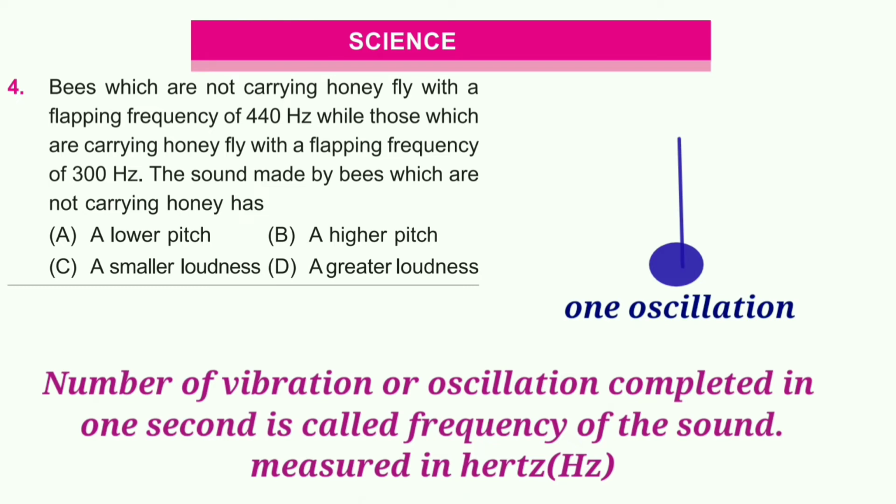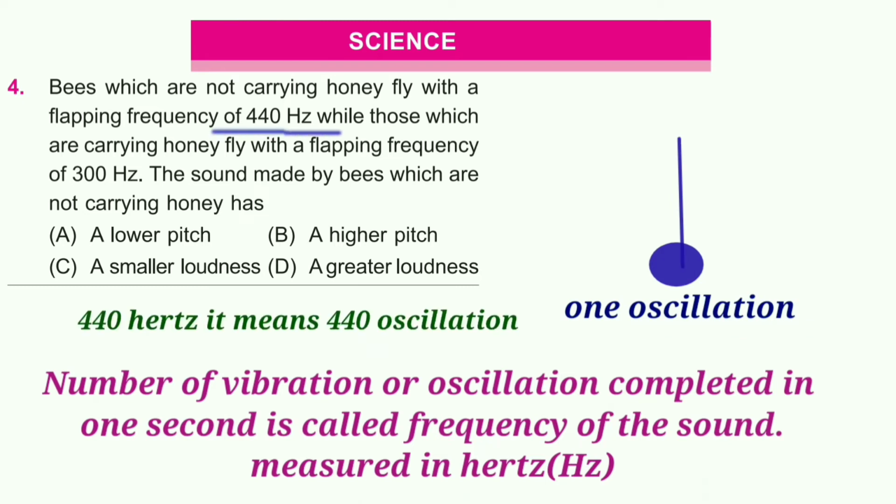It is measured in hertz. 1 vibration per second is 1 hertz. Similarly, 10 vibrations per second is 10 Hz. A honeybee moves its wings up and down, so it oscillates its wings. 440 Hz means 440 oscillations. So this is the frequency of the sound made by the honeybee.